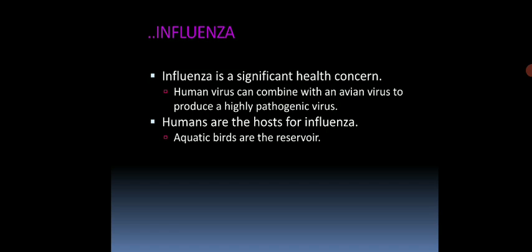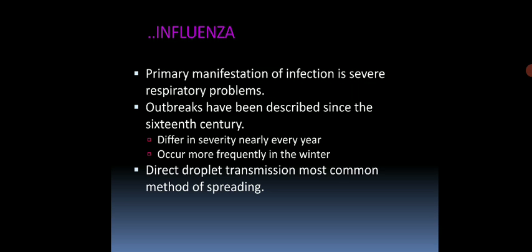Influenza is a significant health concern. A human virus can combine with an avian virus to produce highly pathogenic viruses. Humans are the host for influenza, and aquatic birds are the reservoir. The primary manifestation of infection is severe respiratory problems, and outbreaks have been described since the 16th century. They differ in severity nearly every year and occur more frequently in winter.